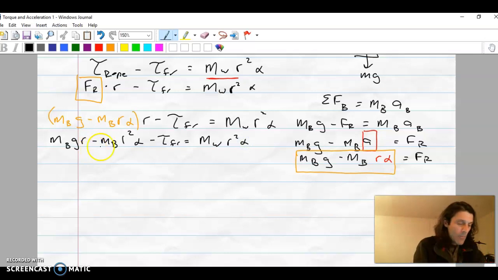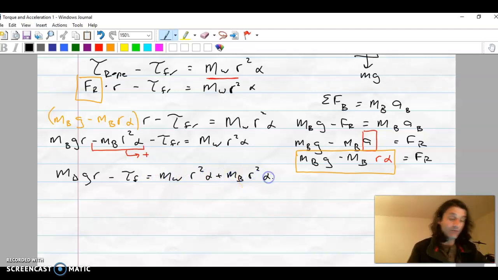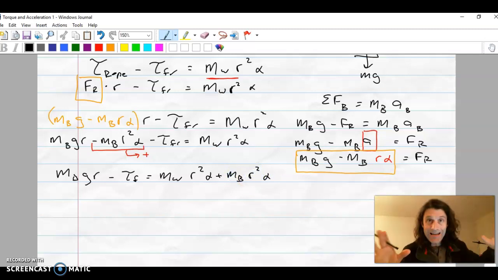So what I will do is move that over, and we're just getting the alphas to come together. So the mass of the block times gravity times the radius minus the torque due to friction is the mass of the wheel times the radius squared alpha plus the mass of the block times the radius squared alpha. Now the whole point is to isolate the alpha.